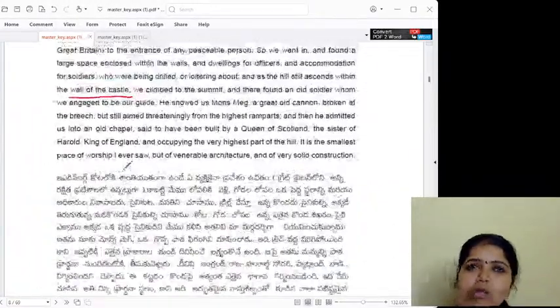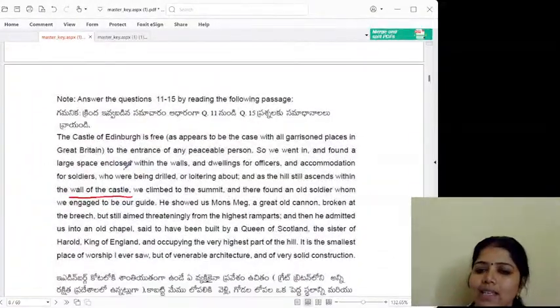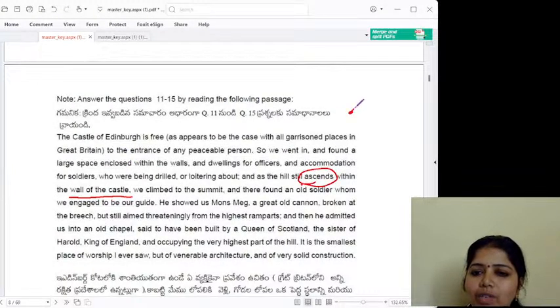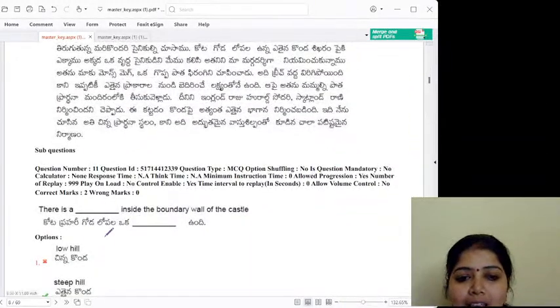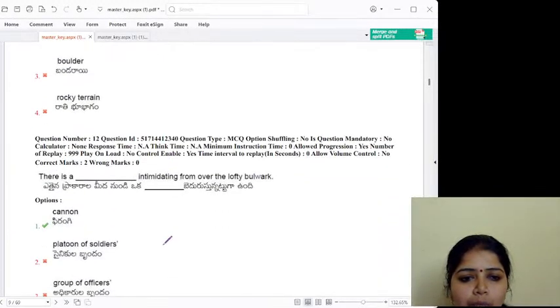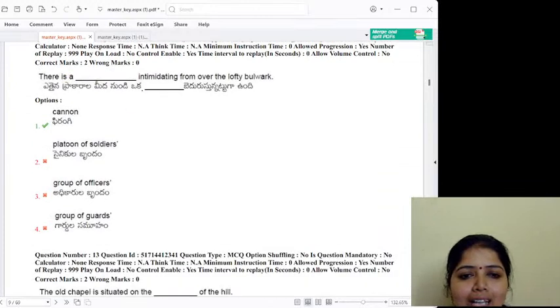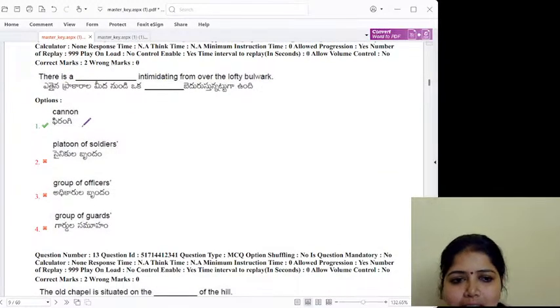So ascends means what? From down to top, right? Ascends means ascending order, from here to here, right? So it still ascends means it is going up. It is a steep hill inside the boundary wall of the castle. So no problem with this one. And there is a dash intimidating from over the lofty bulwark. The cannon is there, no problem.